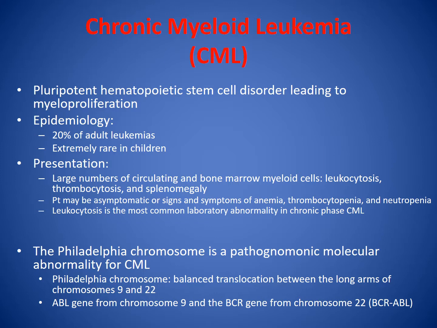Chronic myeloid leukemia. This one here is very rare in children, but only 20% of adults actually present with this. Again, you're going to be looking for those myeloid cells in the leukemia, leukocytosis. These patients will also complain of fatigue as one of their main symptoms.